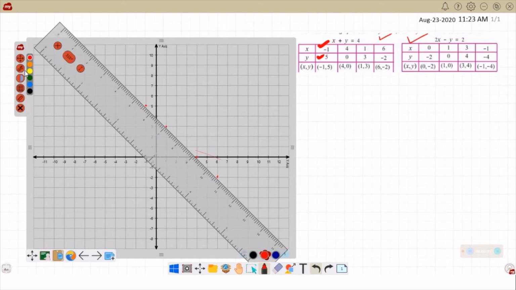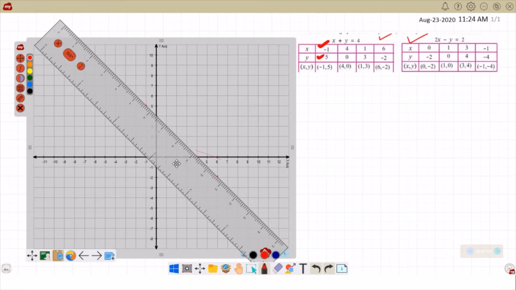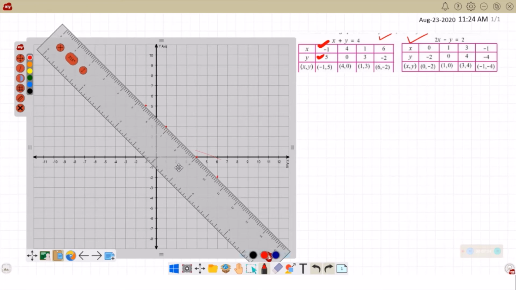Then we have to draw a line through these points. If there is a small issue, it is because I have not placed it properly. Anyway, it is almost correct, I think, but I will just push the ruler. You also have to take some time and do it carefully. If you are not placing the ruler properly, why am I doing it digitally like this, as if it is done in the classroom?